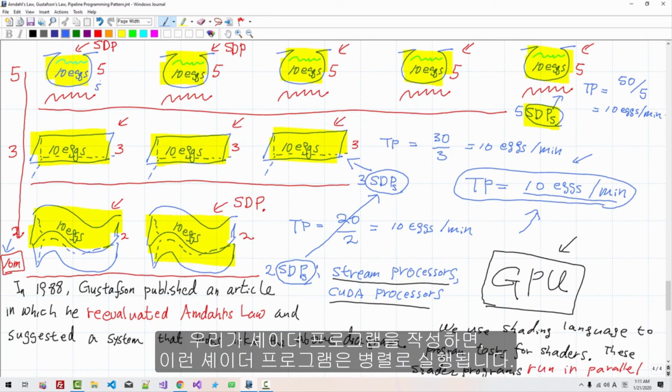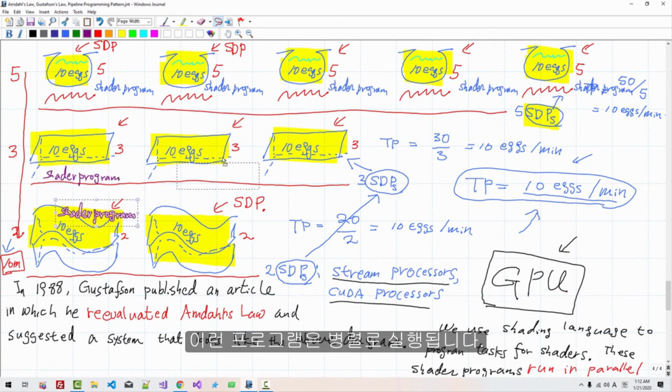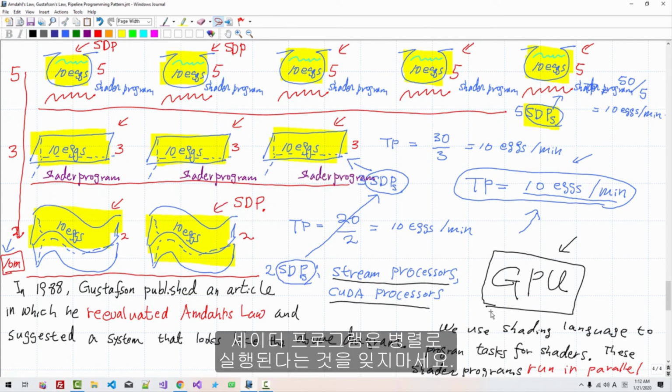If we make a shader program for the drying stage, this program runs in parallel. Don't forget that a shader program runs in parallel.